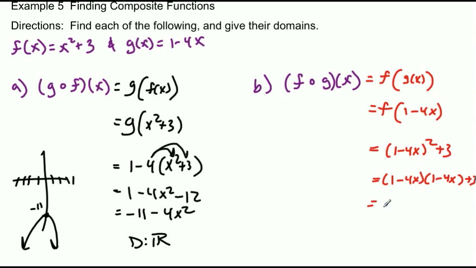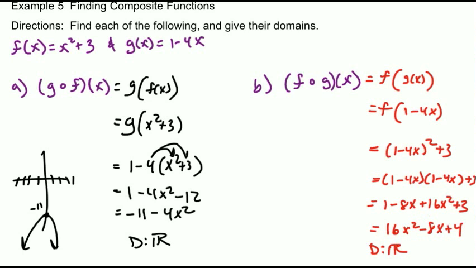If you FOIL this, you'll get 1 minus 8x plus 16x squared plus 3, which is simply, writing it in descending order, 16x squared minus 8x plus 4. Again, the question is: is there any value that you cannot plug into this? There isn't. You can plug in all the negatives, 0, and all the positives. So the domain will be all real numbers.